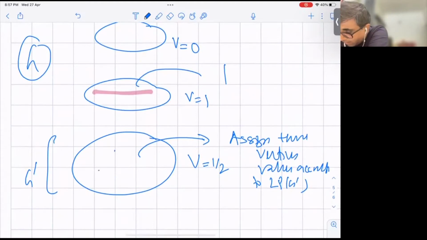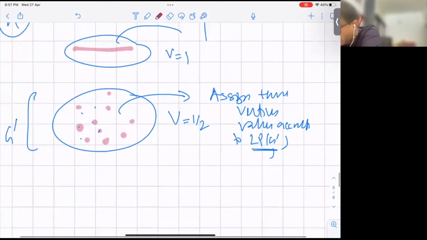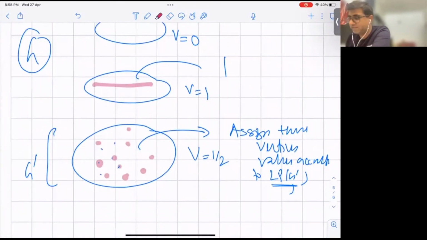For every vertex here, I assign the values according to the LP solution of G prime. Is that okay? I'm saying all these guys have been assigned values according to the LP solution given by G prime.